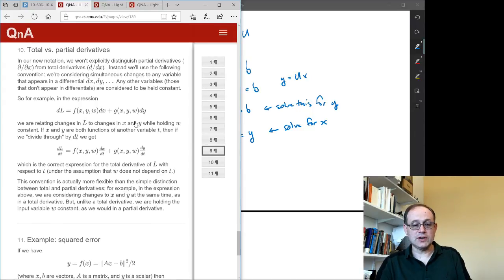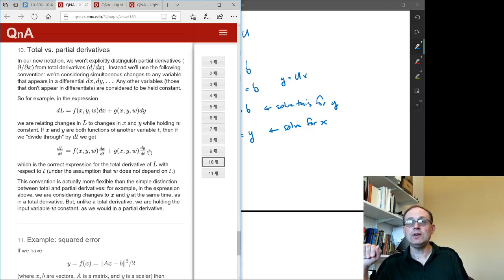Another small bit of notation: before, we had a distinction between partial derivatives and total derivatives. If there are many different variables, there are so many different conventions, since we can take a derivative while holding any subset fixed and varying any other subset.